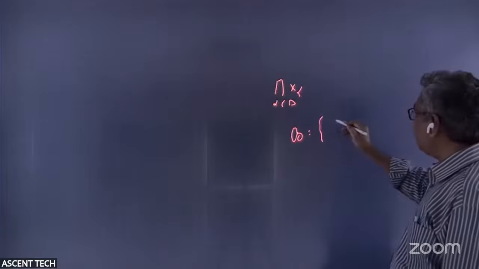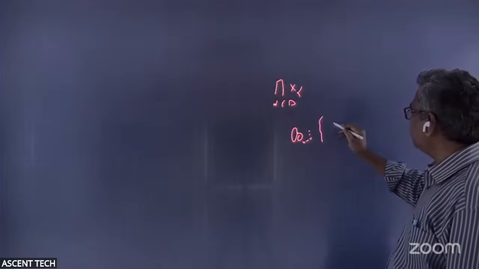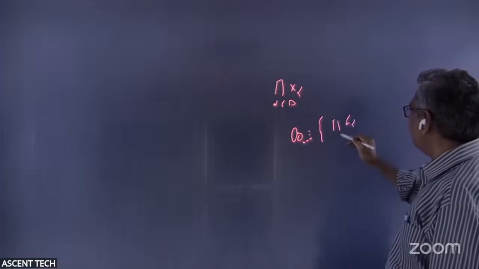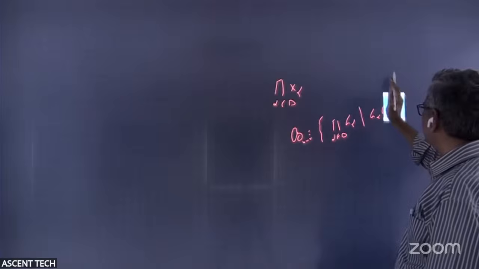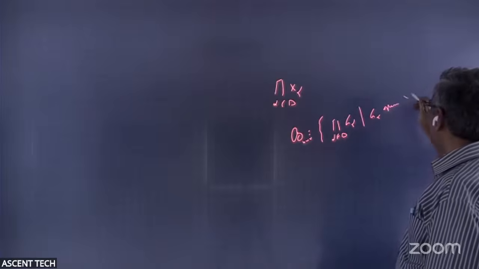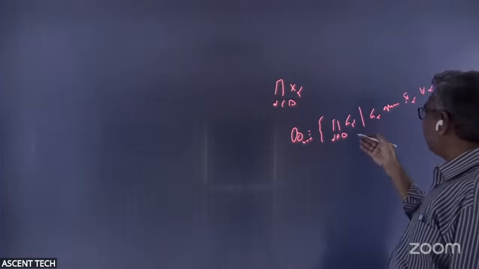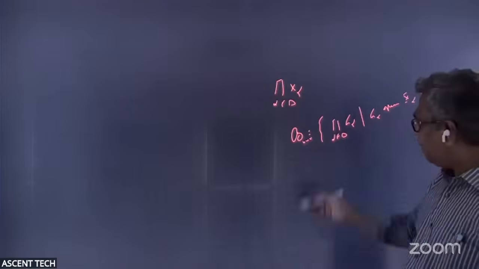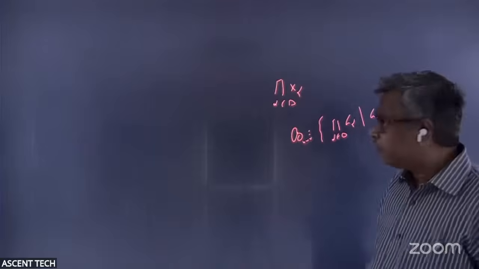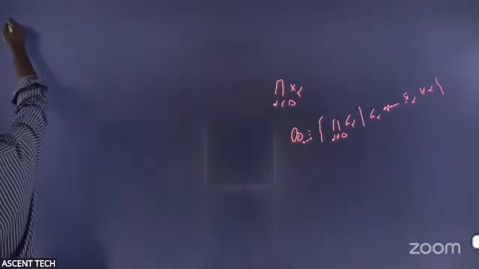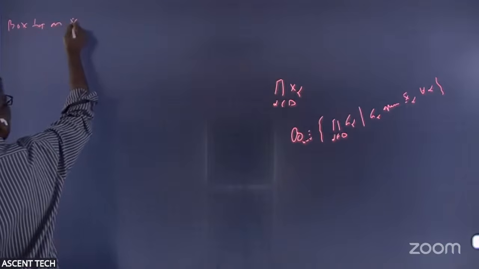So I'm tempted to introduce another one, something like product of G alpha, alpha in delta, where each G alpha is open in X alpha for each alpha. I'm not asking that all but finitely many must be full spaces. You can prove that that is also a base for some topology. Here is the box topology on the product space.